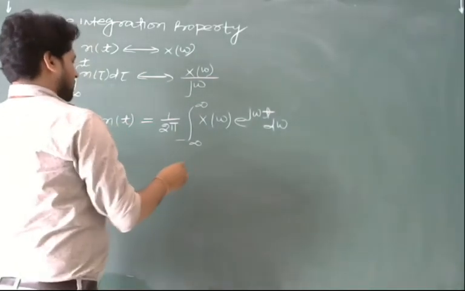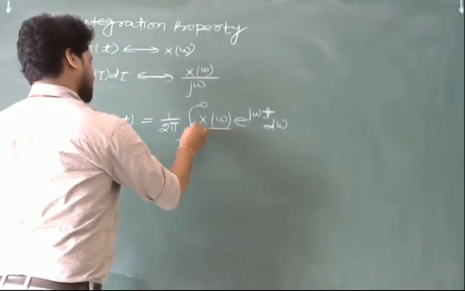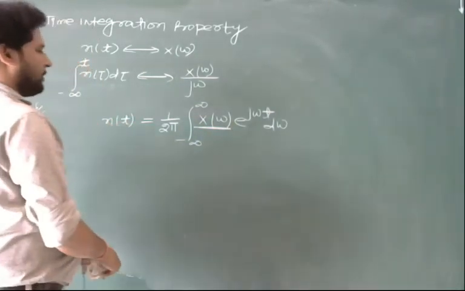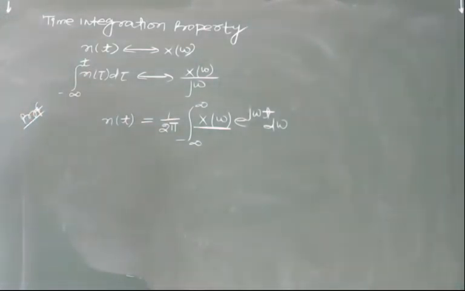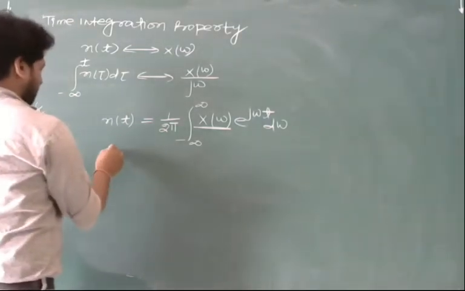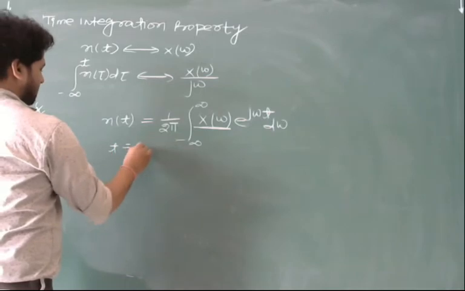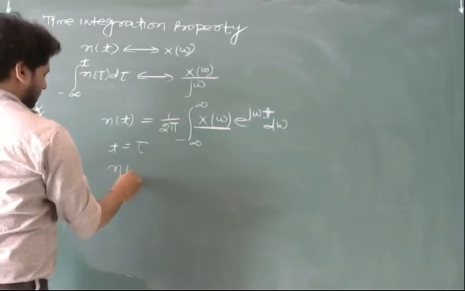Means x(t) is the inverse Fourier transform of the signal X of omega. Now replace the variable, put tau in place of t.